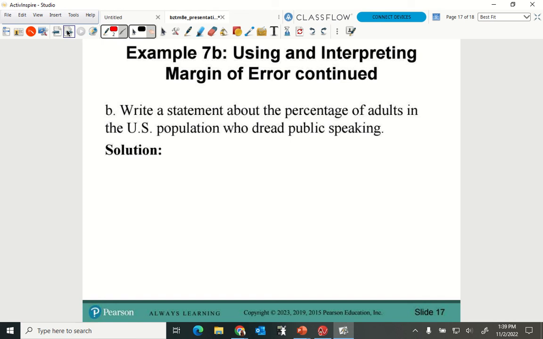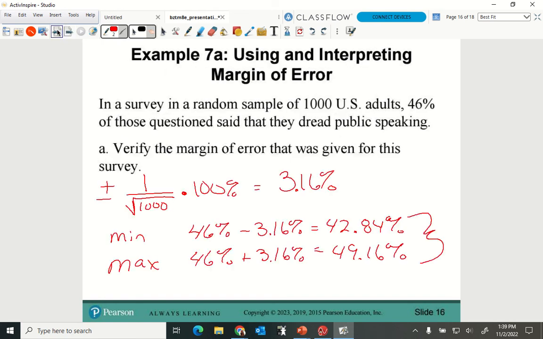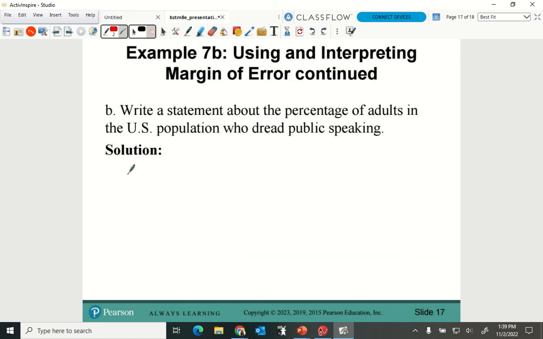So, we did this on the first one. We said that because I already solved it, and then I got this. So my margin of error is here, and then my minimum was 42 point... and max 16, right?